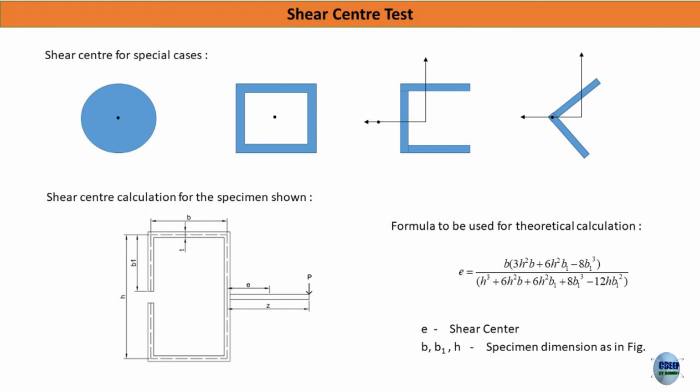Now, for this experiment we will be calculating the shear center for the C section thin walled beam as shown in this figure, for which the dimensions of this cross section will be provided to you, and the theoretical calculation of the shear center will be done with this formula, and then the experimental value will be calculated by the experiment.